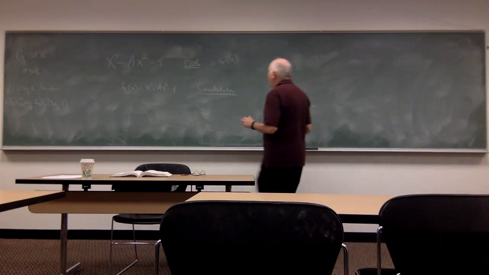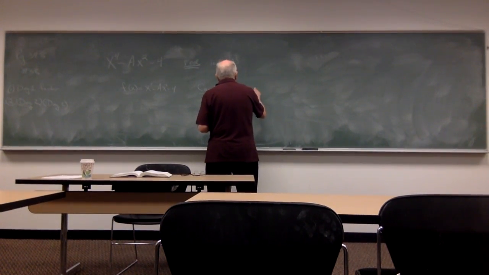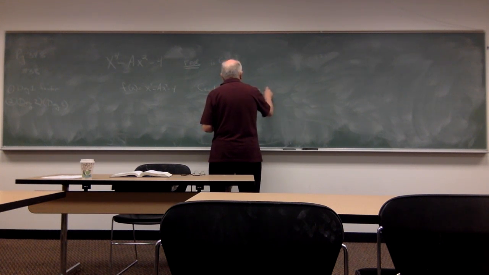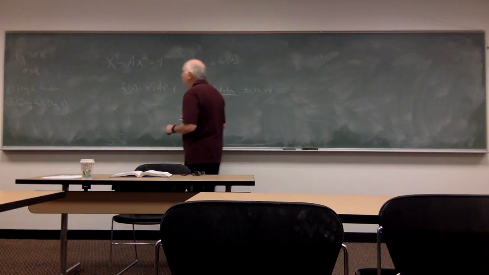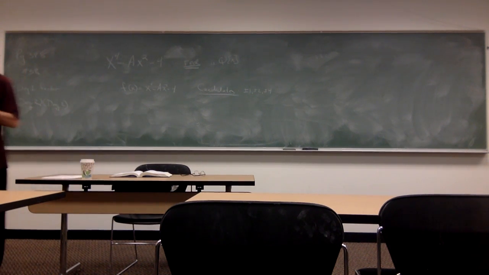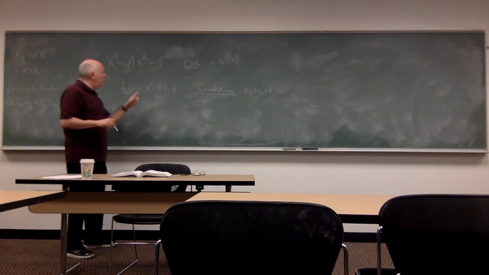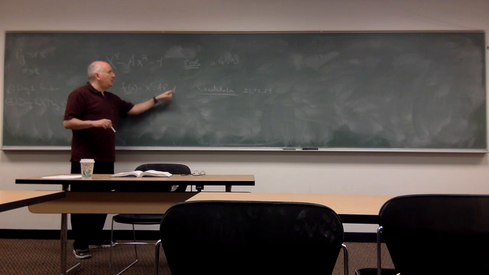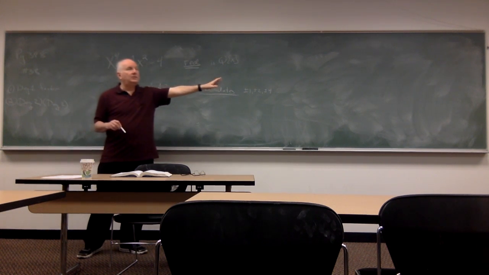So that would be plus or minus 1, plus or minus 2, plus or minus 4. So the only possible rational roots are plus or minus 1, 2, 4. And notice we get saved a little bit of work because since this is an even function, plus and minus 1, 2, and 4 are going to give me the same answers.